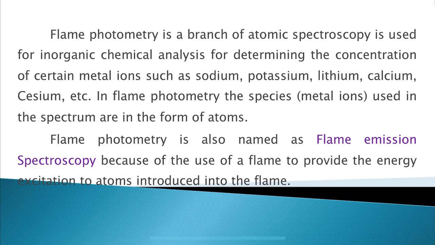Each element has its own characteristic color, which depends upon the wavelength at which it emits the light it absorbed. The intensity of the light determines how much sodium, potassium or lithium is present in the given sample.